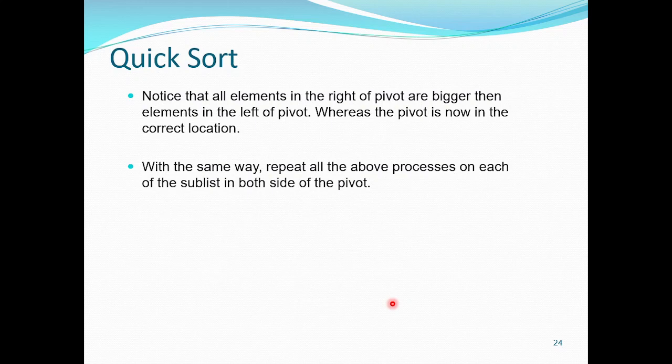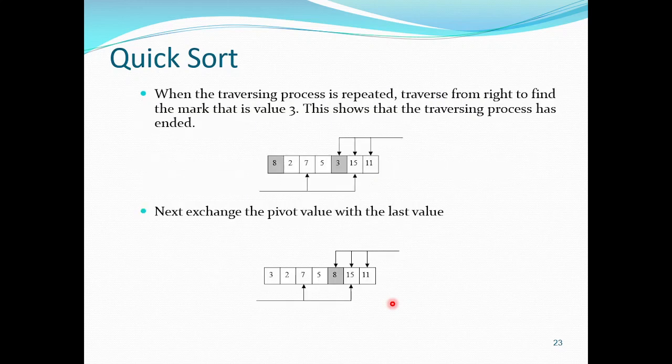Okay, now we can continue and repeat until the sorted list is constructed. So this is the first loop, the first process, and we continue the process only for the left elements and then the right elements. We just take this part out and do the sorting, the same process as quick sort using a pivot.